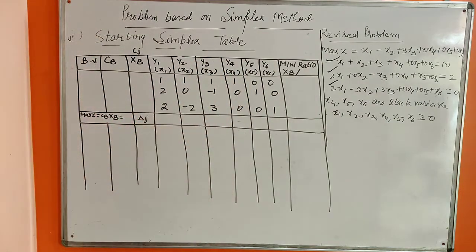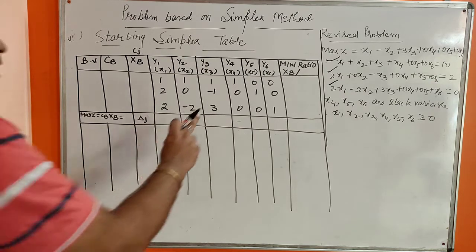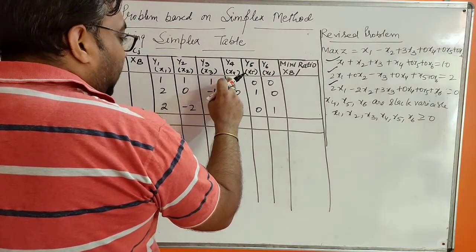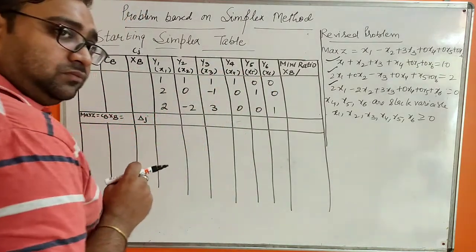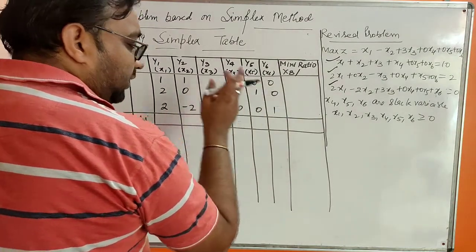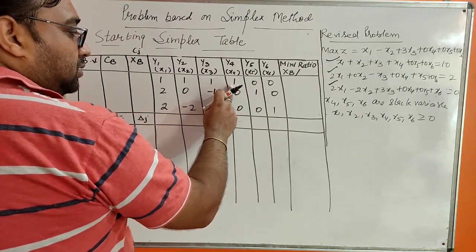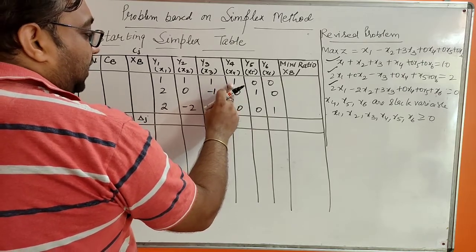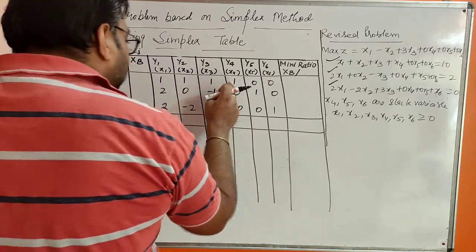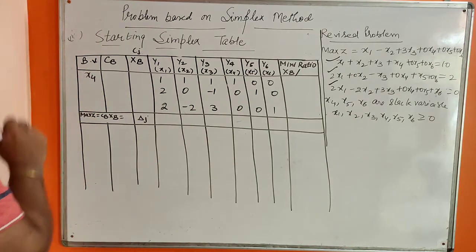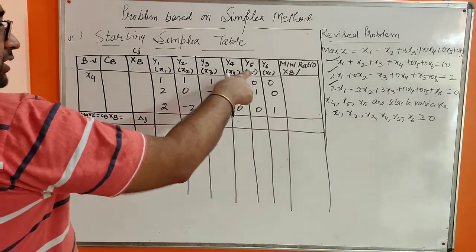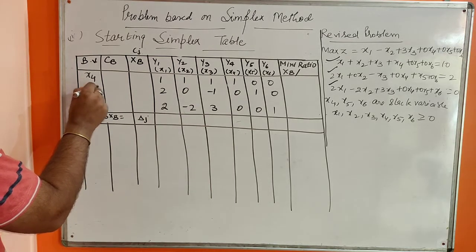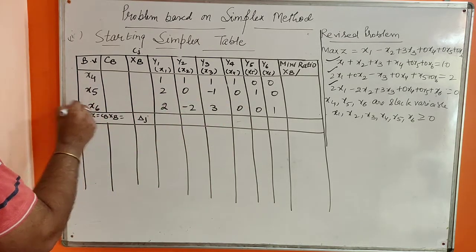Now see, where do we form a unit matrix? The unit matrix is formed by x4, x5 and x6, and these are the main diagonal elements. This main diagonal element 1 is for x4, so we write x4 here. Similarly this one is for x5, so we write x5 here, and x6 here.